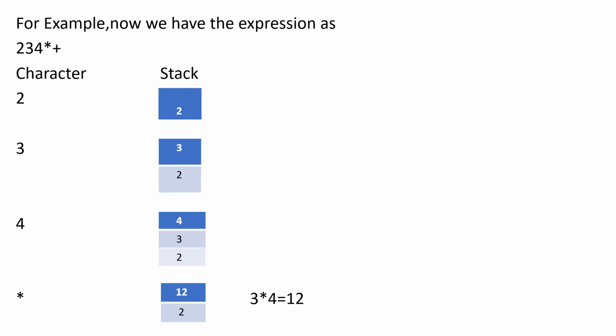After that the operator plus will be read by the compiler. In case of an operator, we have to pop the topmost two operands from the stack, make some operation, and the result will be pushed back into the stack. Here in case of the plus operator, the topmost two operands are 12 and 2.